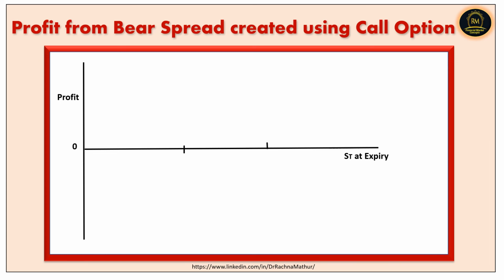We have two strikes, the lower strike K1 and the higher strike K2. Now first we will buy a call. We will take a long call at the higher strike K2, in the expectation that the stock price at the time of expiry will go up and the long call will have unlimited profit.